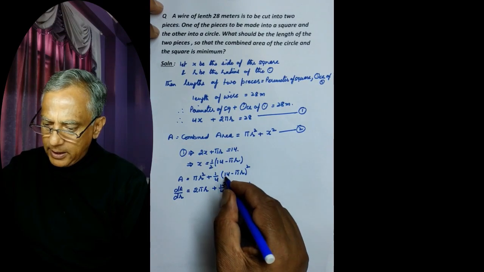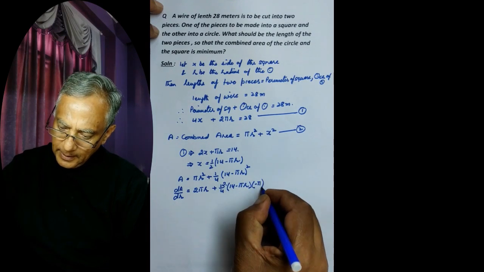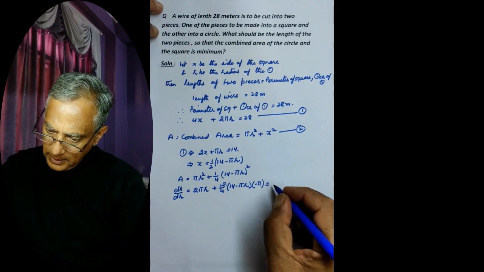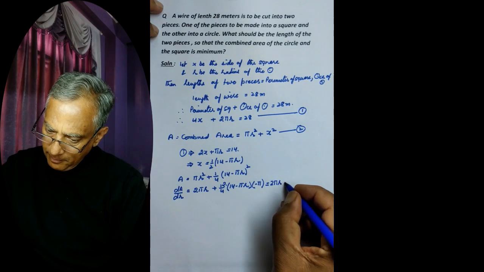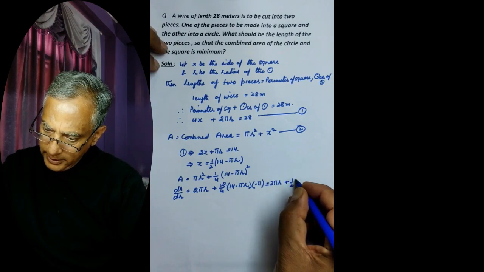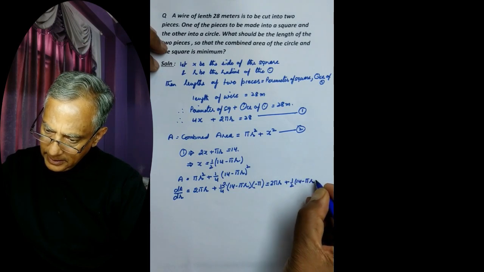Differential of 14 is 0 and differential of pi r is pi, so minus pi. And this is equal to 2 pi r plus 1 by 2 into 14 minus pi r into minus pi.